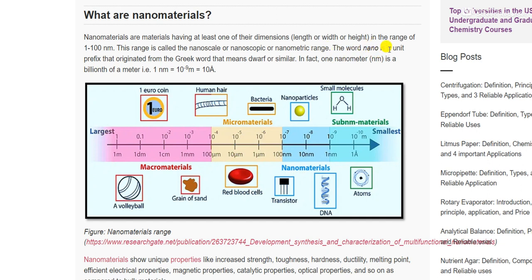Now the word nano is a unit prefix that originated from the Greek word that means dwarf. And 1 nanometer is 10 raised to minus 9 meter. This is very important. 1 nanometer is equal to 10 raised to minus 9 meter, or it is nearly 10 Angstrom.